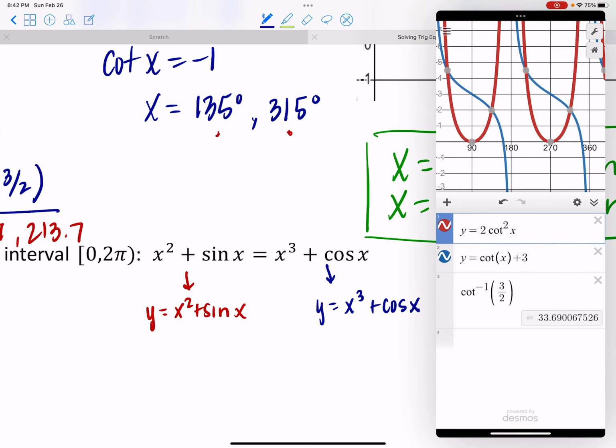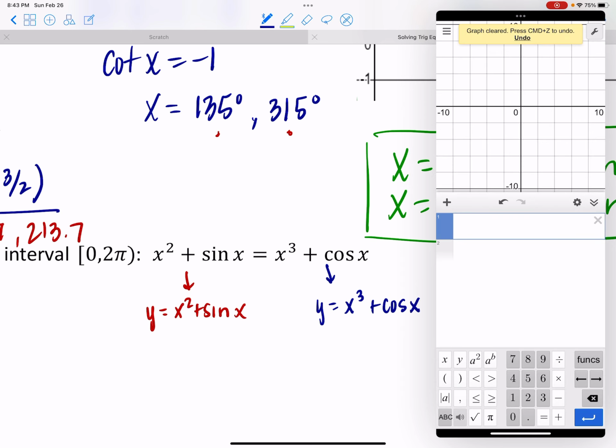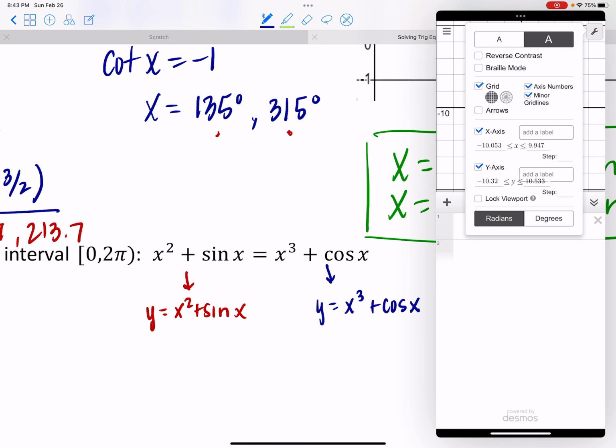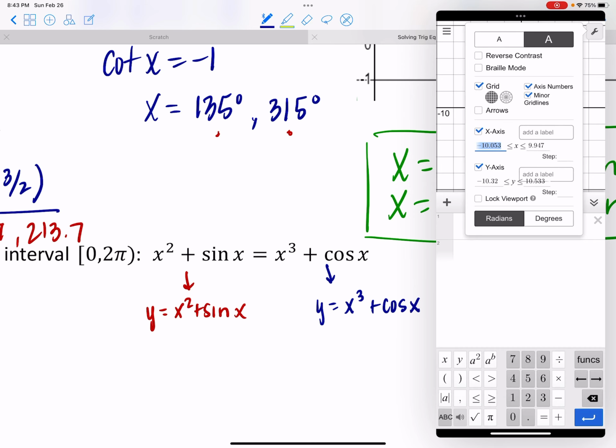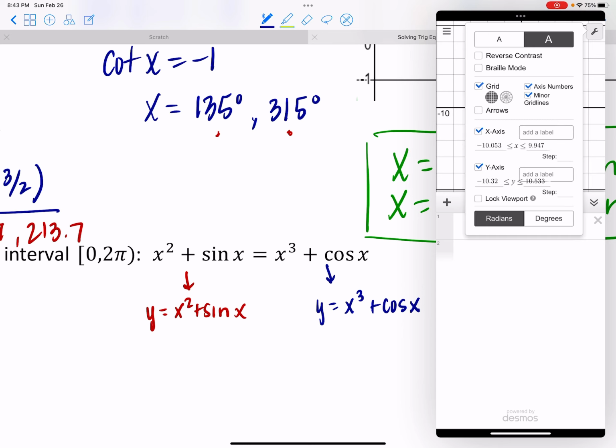I'm going to graph those two and find where the graphs intersect. So let me just delete all, which goes back to a normal window here. Okay, I need to make sure I'm in radians. My calculator's already in radians, so I should be good.